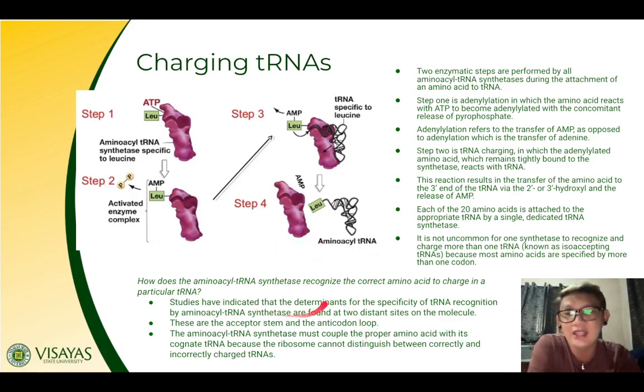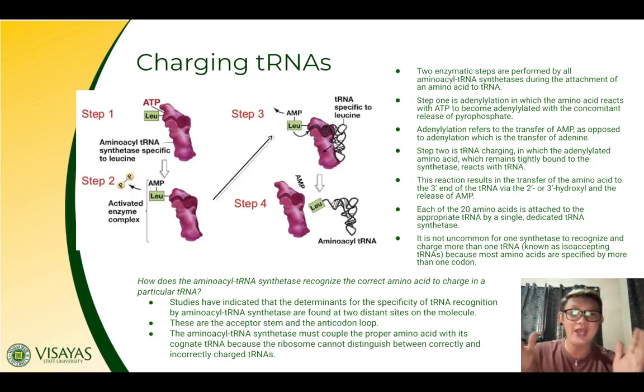Studies have indicated that determinants for the specificity of tRNA recognition by aminoacyl-tRNA synthetase are found at two distinct sites in the molecule: the acceptor stem and the anticodon loop. The aminoacyl-tRNA synthetase must couple the proper amino acid with its cognate tRNA molecule because the ribosome cannot distinguish between correctly and incorrectly charged tRNA.